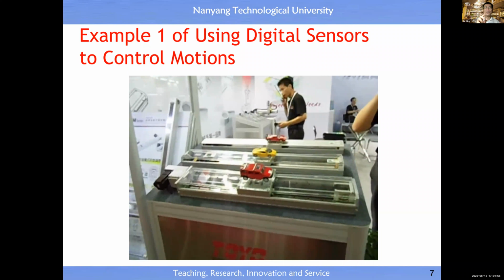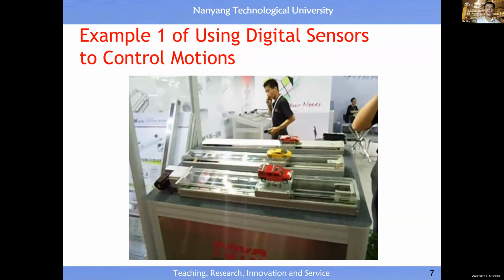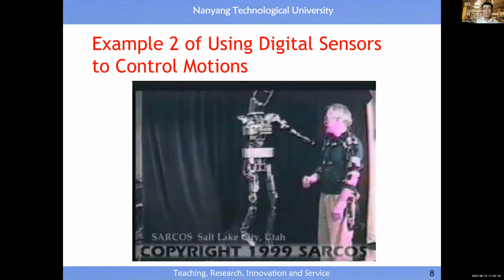So for those of you who have studied advanced control theory, you may see that normally for position control of a motor, we always have an inner velocity loop and an outer position loop. So you see it is always good for a sensor to output both velocity information and position information, right? So this is a typical application scenario.